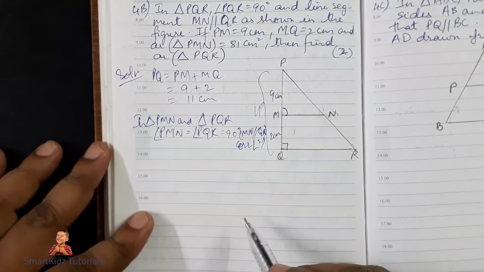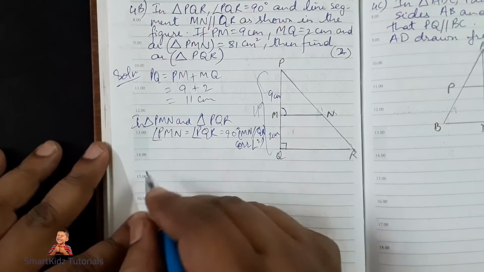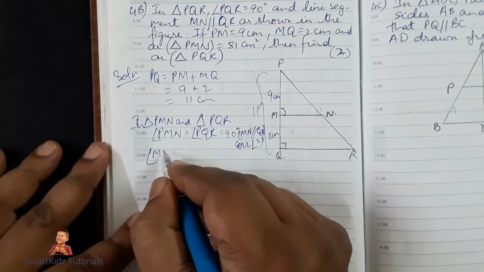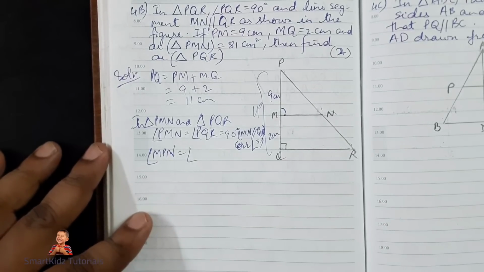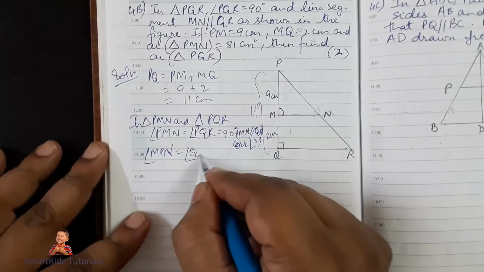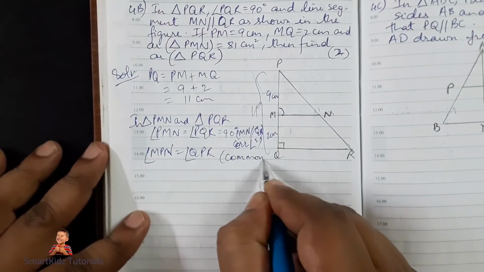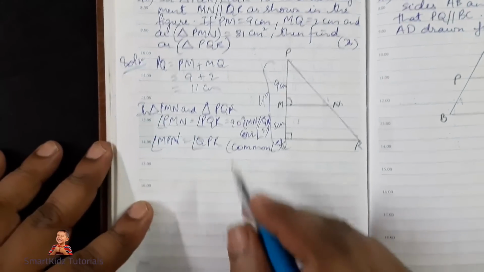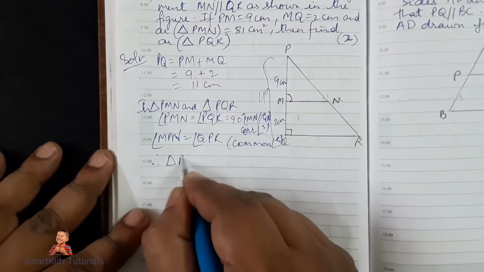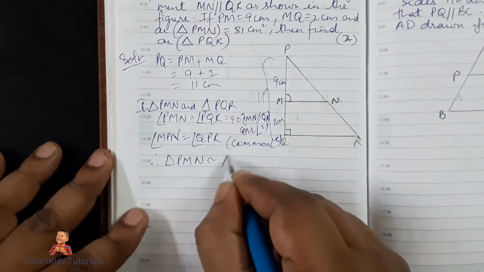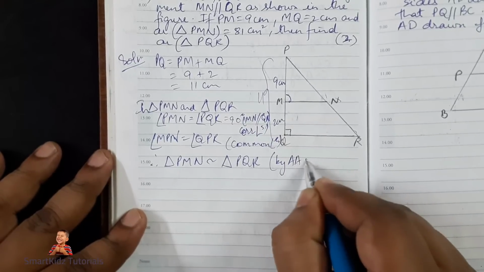The other thing that we can show over here is that there's a common angle P. Okay, so angle MPN is equal to angle QPR, common angle. So by AA we can show that these two triangles are similar to each other. So you can say therefore triangle PMN is similar to triangle PQR by AA similarity rule.